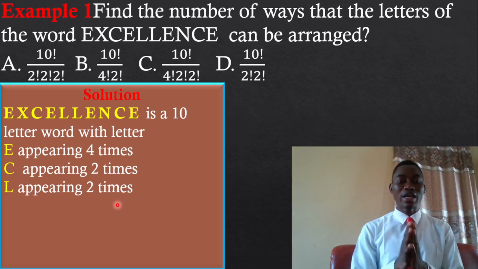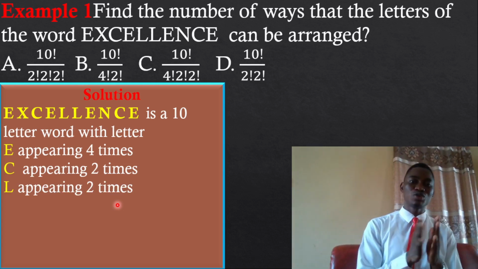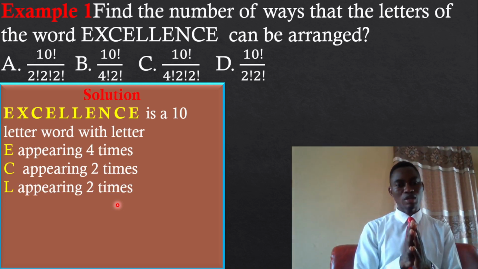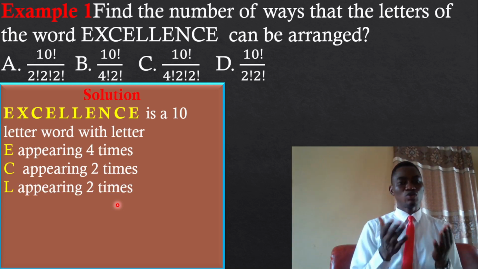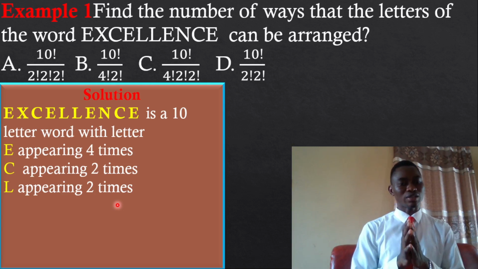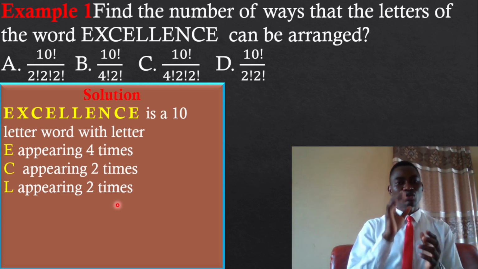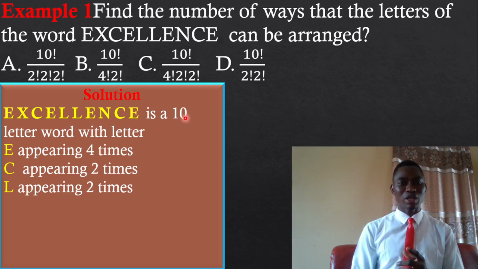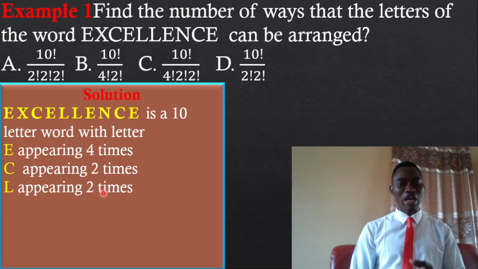Finally, letter L appears 2 times. So what do we do with these letters that appear more than once? We are going to divide 10 factorial by the product of the factorials of the number of times the letters appeared. I think that is clear.